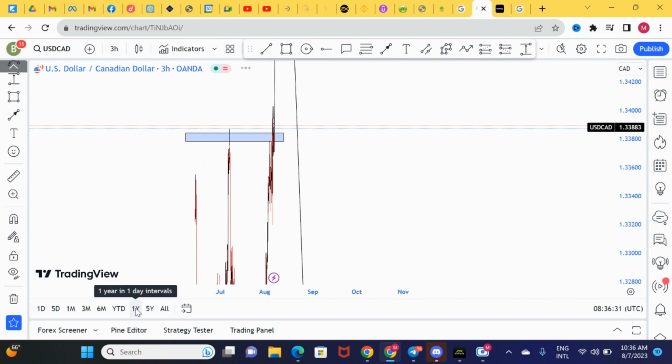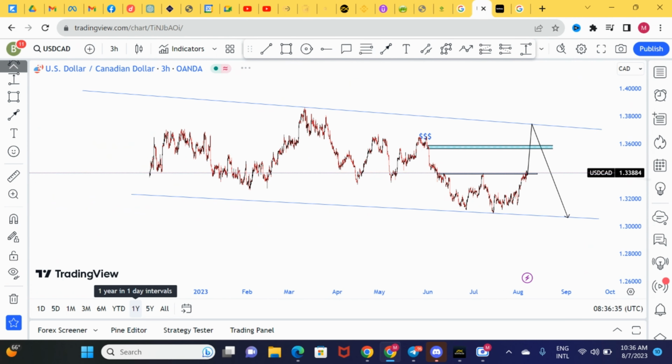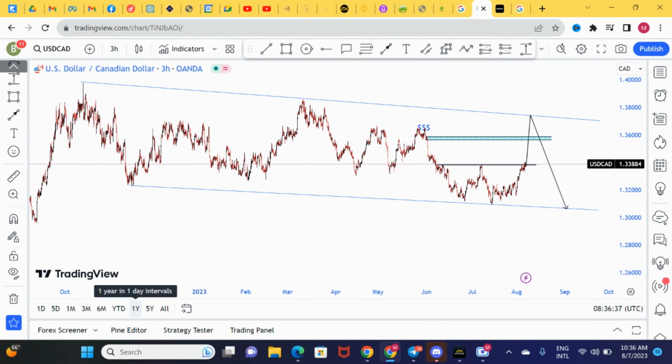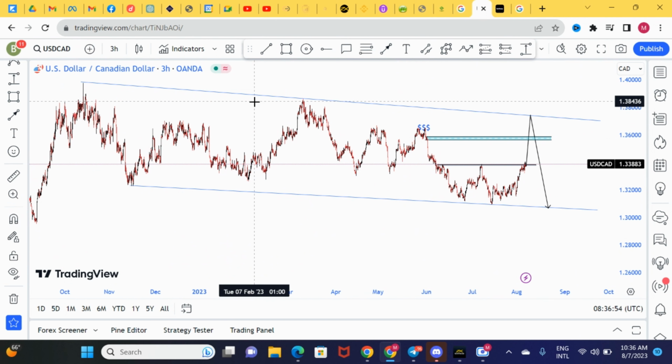The overall analysis on EURCAD is like this. I'll be waiting for that sell, the third touch here, and then enter. But it is possible that the market would also break that level. You never know how long a correction is going to last, but I'm hopeful that it would come here, and then I would take a sell.